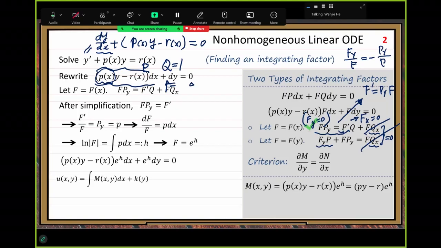So if you write that, here we need to do some preparation. Because mx is this one, and remember p is h prime. Look at the definition of h.